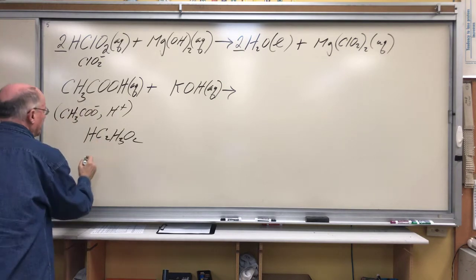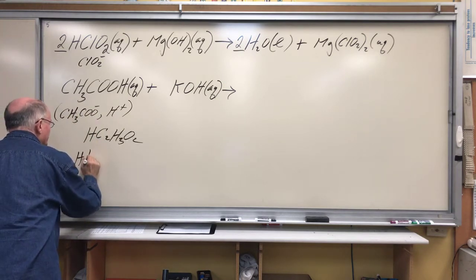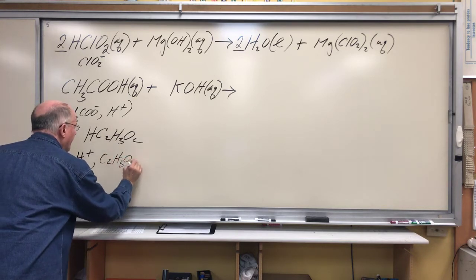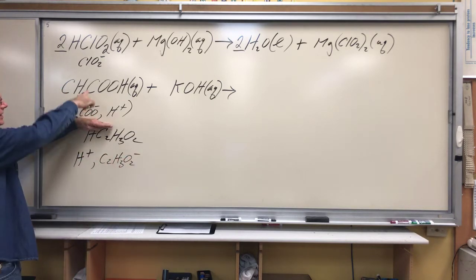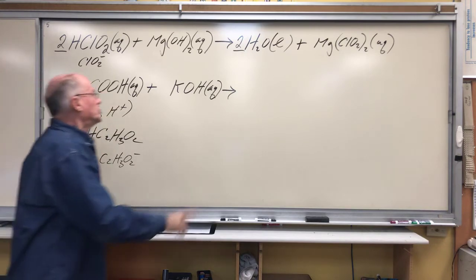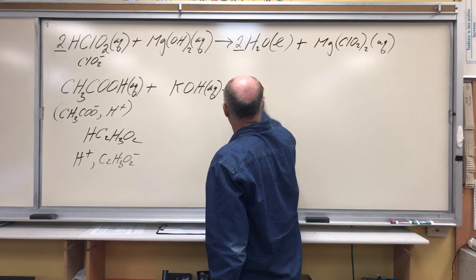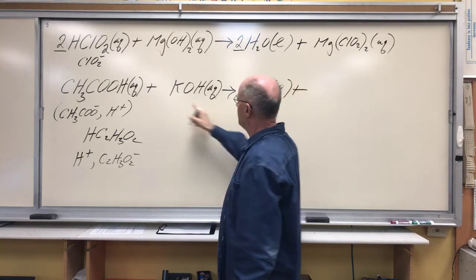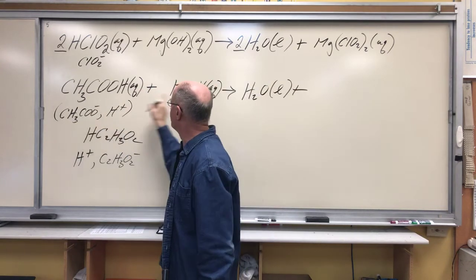If we were to do it the way that we would typically do it here in the States, it would look like that. So these are the same things, but we're going to be using this. So again, it'll form water and a salt, and in this case, the salt will be potassium acetate.